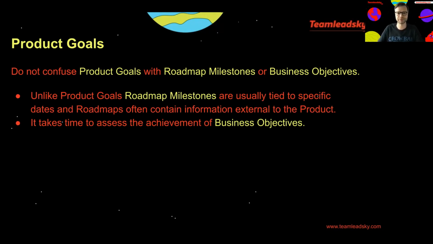These are deliverables that are bound to certain dates or time frames. And product roadmaps also contain information which does not belong to the product, like external events that have an impact on the desired schedule of our deliverables.